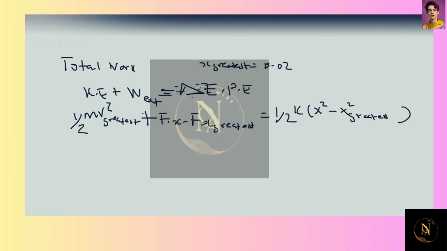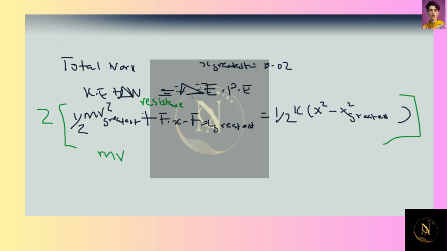This one right here is the change in work done by the resistance force. And this is the change in elastic potential energy. So we multiply everything by 2 to make our life easier.